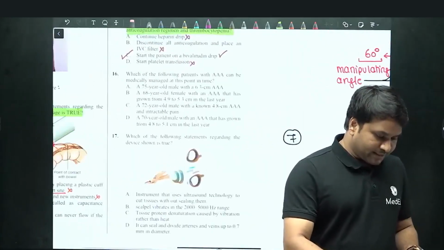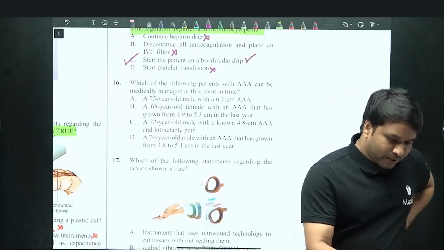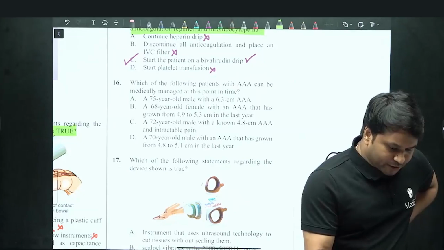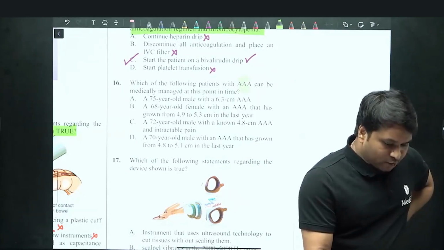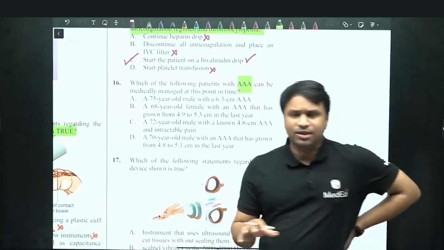So we'll go to question number 16. In question number 16, which of the following patients with triple A, that is abdominal aortic aneurysm, can be medically managed at this point?